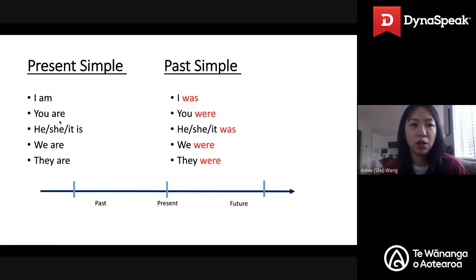You are will be changed to you were. He, she, it is will be he, she, it was. We are will be we were. And they are will be they were. So basically we have two different forms of be verbs in past simple tense. They are was and were. Okay, so this is about be verbs.